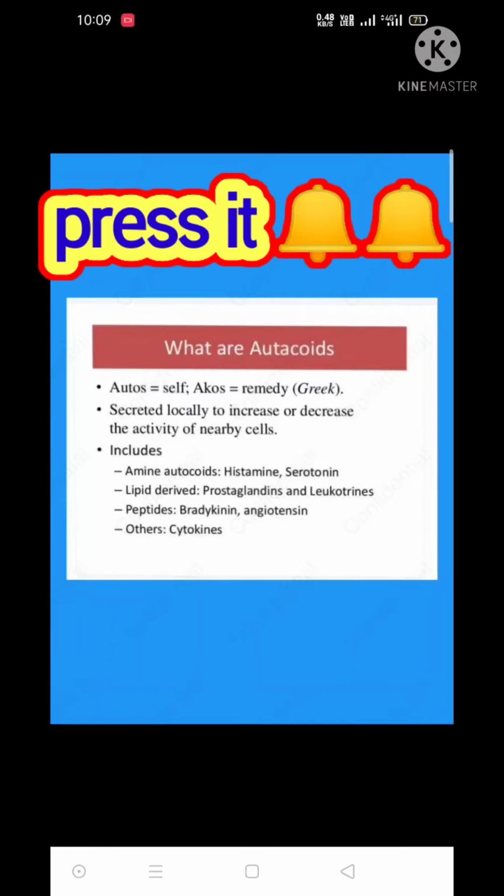Third point, what do autacoids include? Amine autacoids, which are histamine and serotonin, and here we mostly have to discuss histamine. Lipid derivatives, or sorry, lipid derived: prostaglandins and leukotrienes. Peptides: bradykinin and angiotensin, and other cytokines.